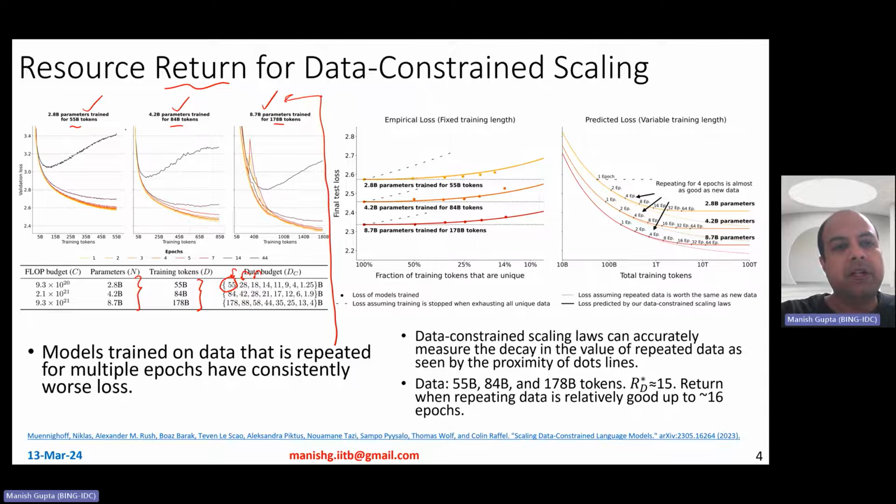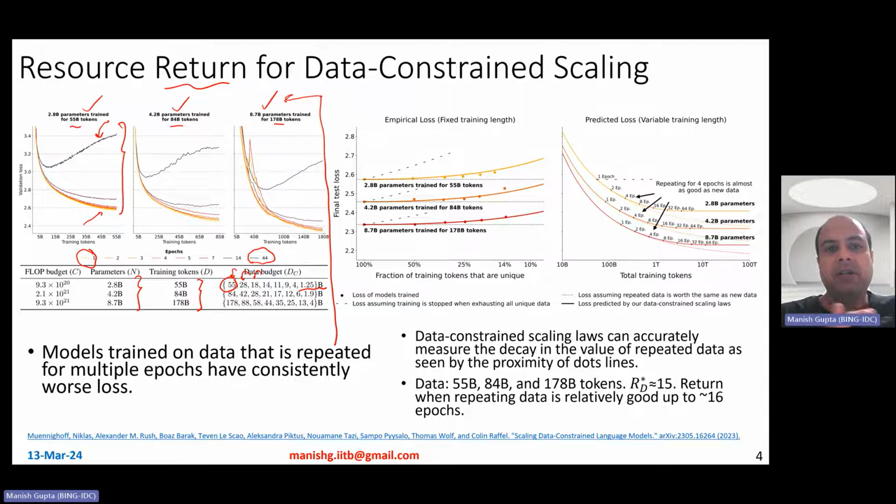You see several curves in every subplot. If you do 44 epochs, you're using 1/44th of that data, just 1.2 billion tokens, and you get a very high loss. But if you do just one epoch, where every time you see a fresh token, you get a very good model, very low loss.